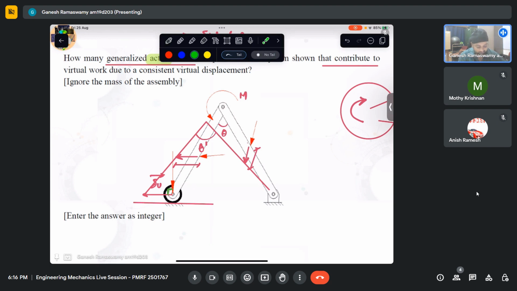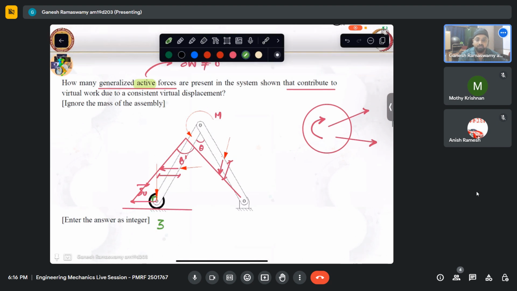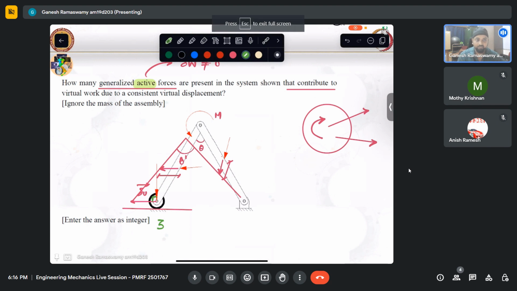So we can see that there are 3 active forces in this system which are contributing to virtual work. Are there any questions at this stage? If you do have questions, please feel free to ask midway. In the meantime, I'll move forward.